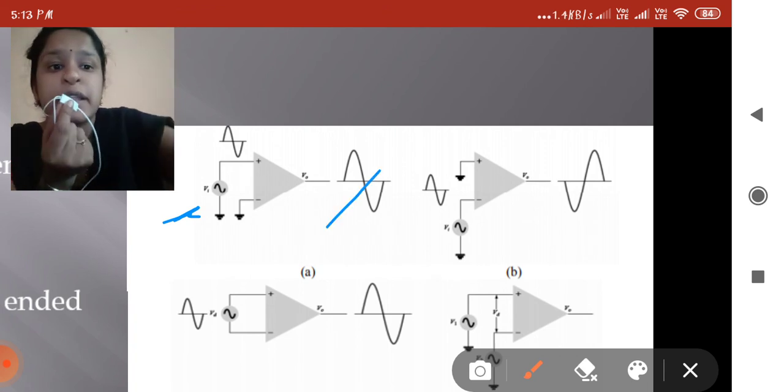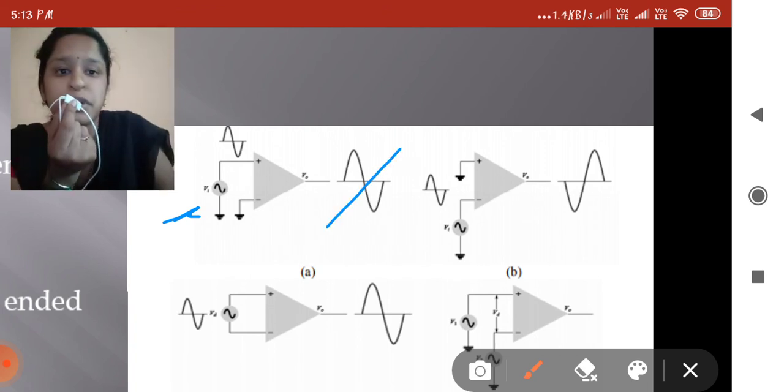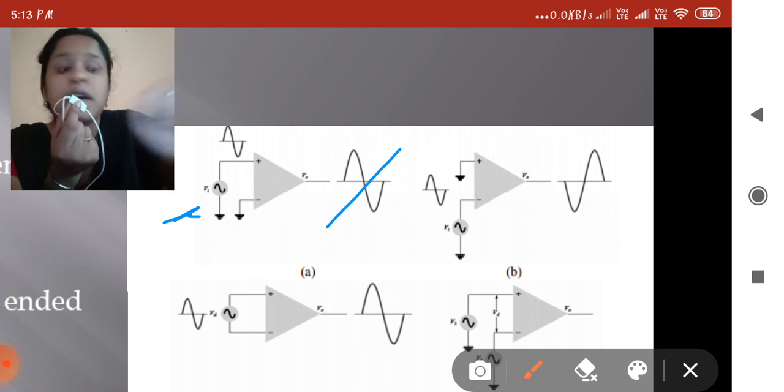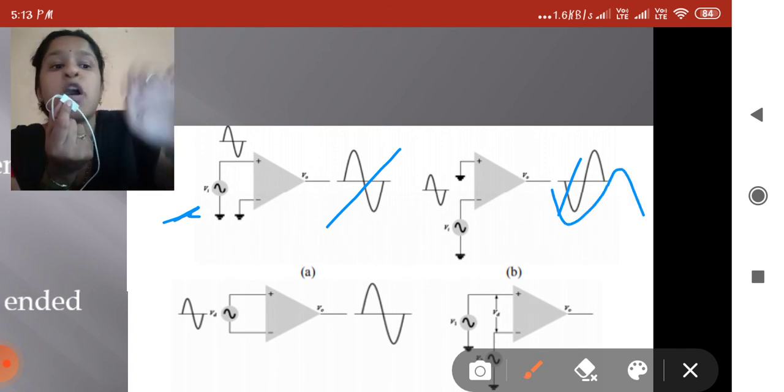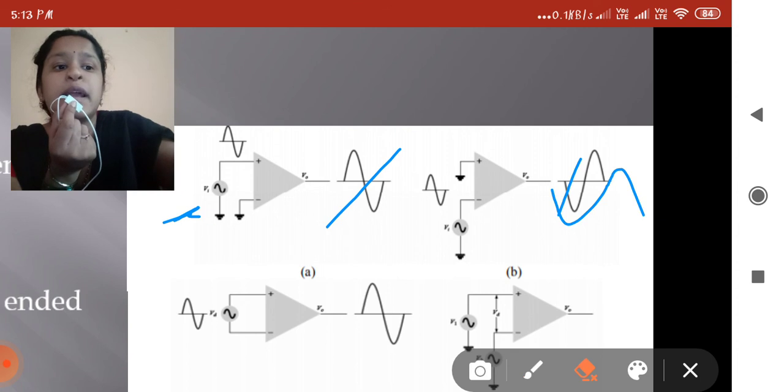We can get this kind of output. If the power supply is connected to the inverting terminal, the phase angle will have a 180 degree shift. We can get these kinds of output.